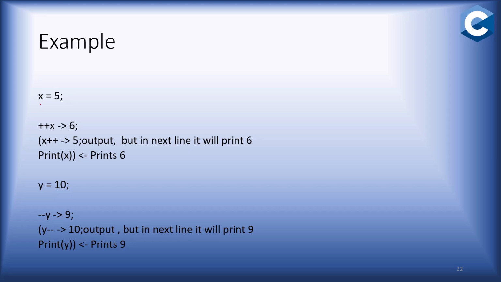Printing x plus plus uses 5 from x first, then increments to 6: uses 5, then increments. Similarly, if y is 10, printing minus minus y makes y become 9: decrements first, then uses 9. Printing y minus minus uses 10 from y first, then decrements to 9: uses 10, then decrements.